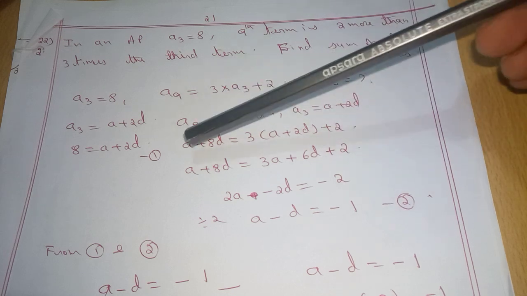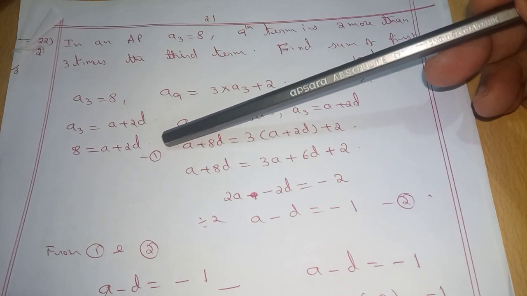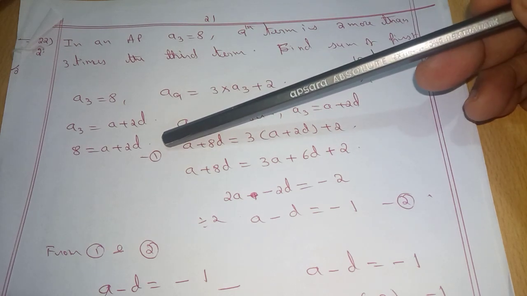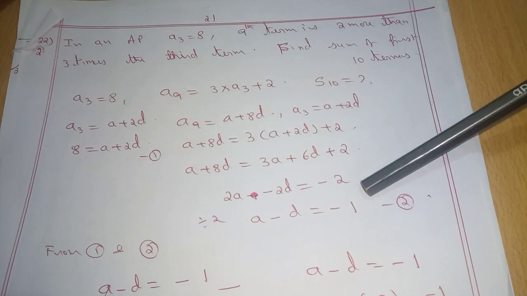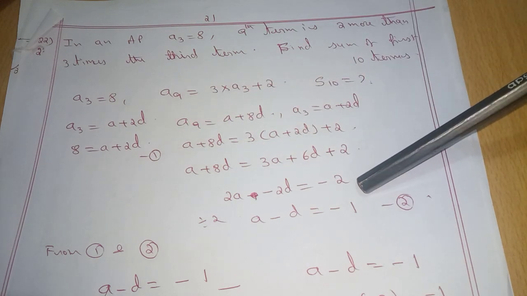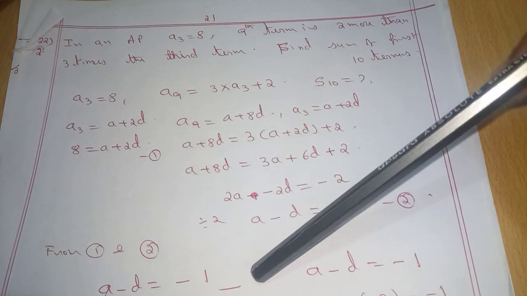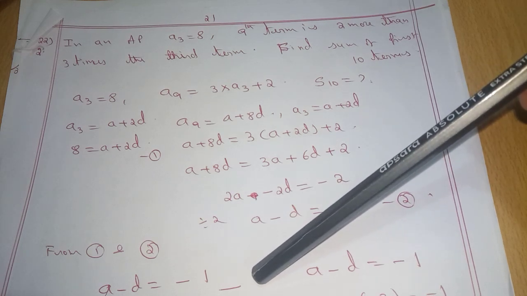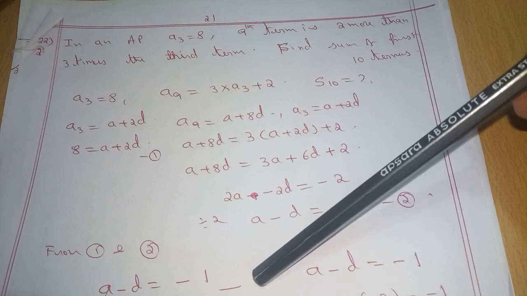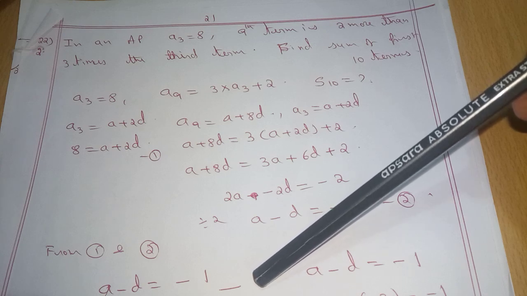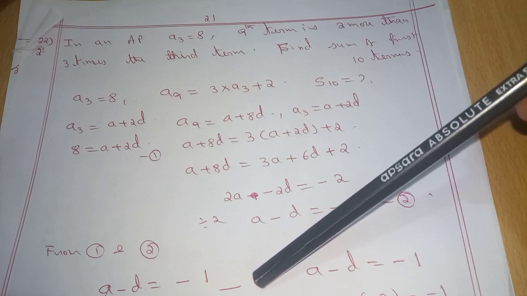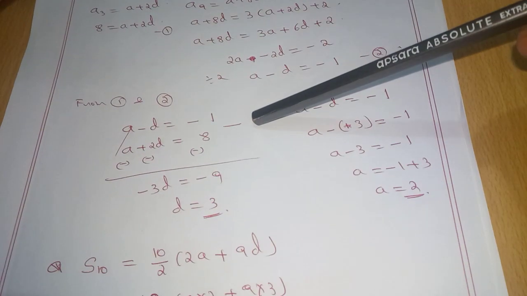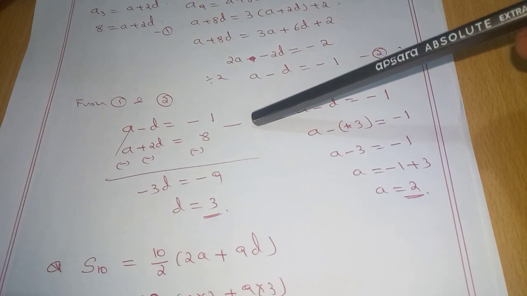What is the first equation we got? A plus 2D is equal to 8. What is the second equation we got? A minus D is equal to minus 1. Write them together and subtract. A minus D is equal to minus 1, first line. Second line, A plus 2D is equal to 8.